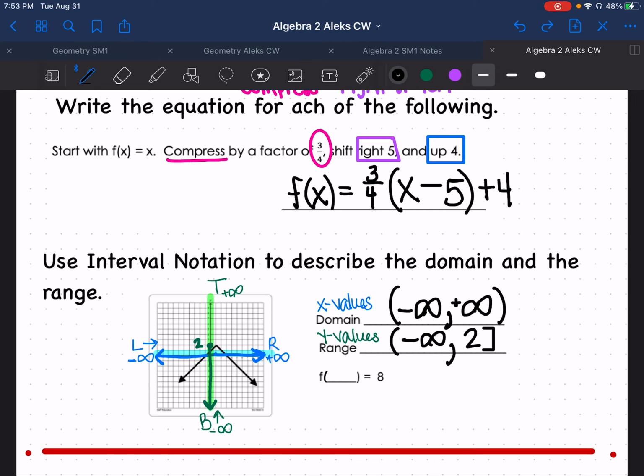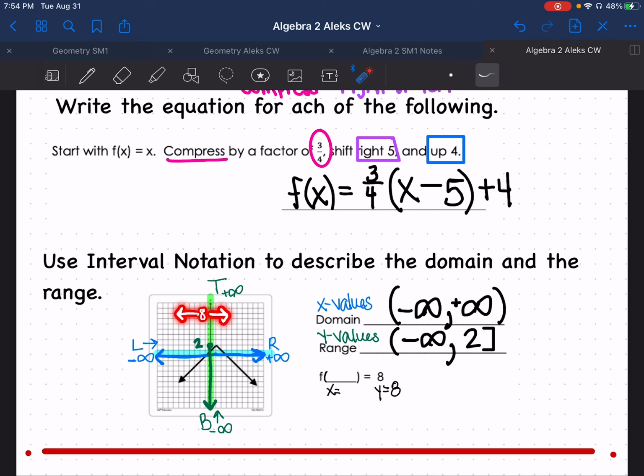Now remember that this part is x equals, and this part is y equals. So what this problem is telling you is saying, well, y is equal to 8, what's x? All you have to do is go to the y value of 8, should be this one right here. Here's 8. And then you have to find the graph. The graph should be to the right or to the left, not up or down.